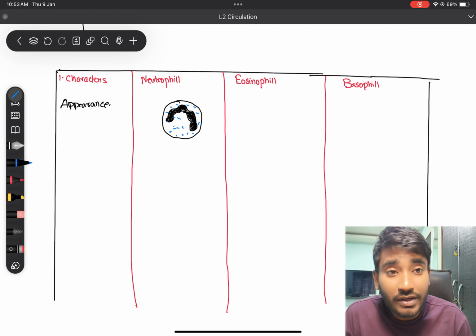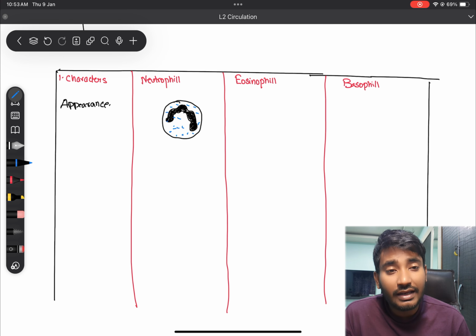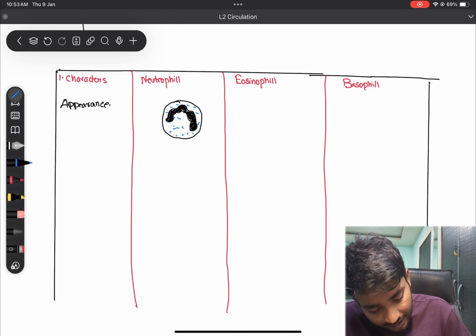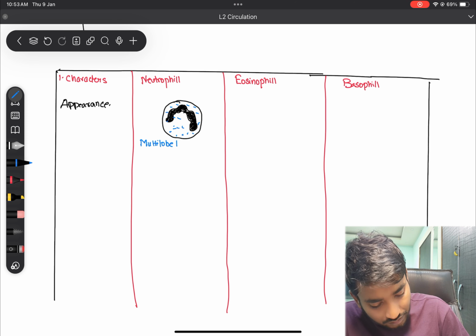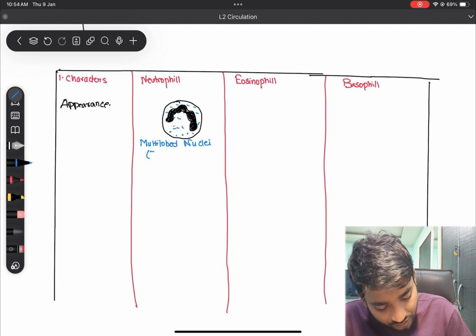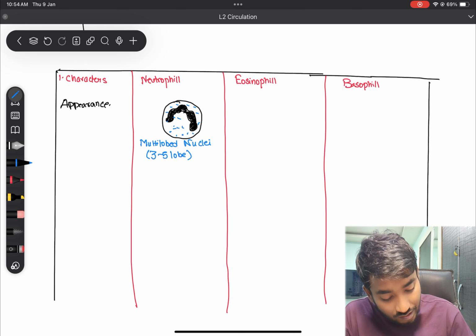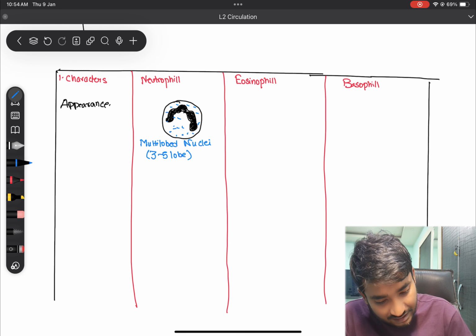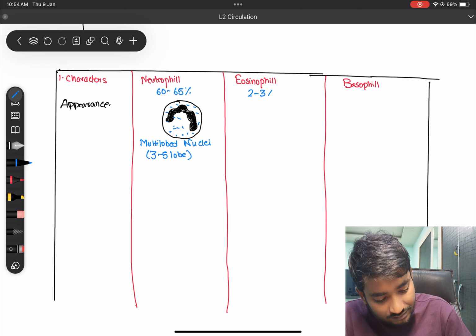The neutrophil has multilobed nuclei, with 3 to 5 lobes. Neutrophil is 60 to 65%. Eosinophil is 2 to 3%.